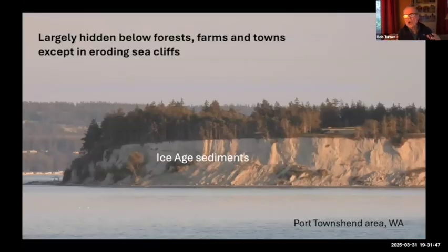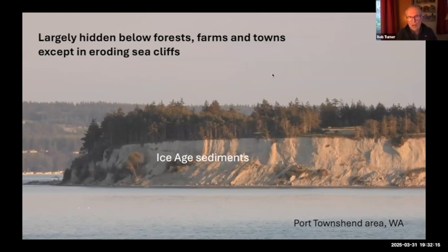And these sediments are largely hidden. We don't pay a lot of attention to them because they're obscured by forests, farms. They make great soils, and towns and cities. And really, our best opportunity to see them is where they are actively eroding as sea cliffs. And that's where these ice age sediments have been examined scientifically and really show themselves well.